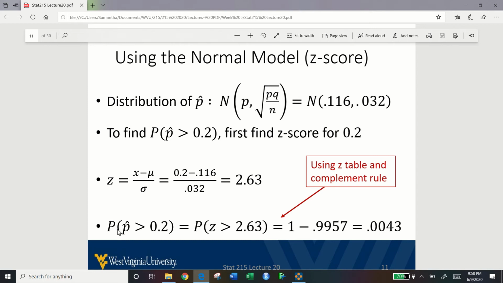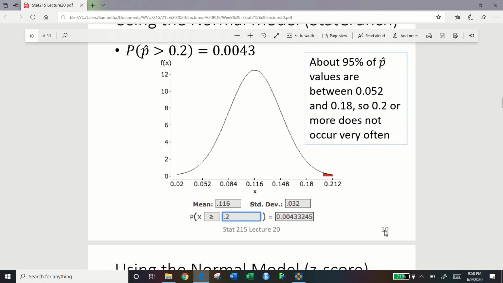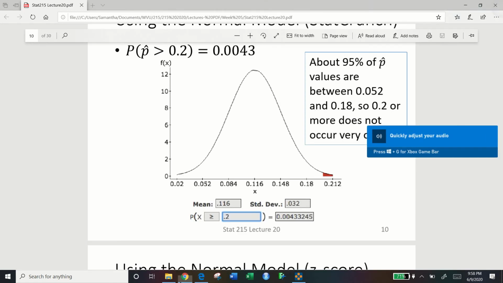So in this case, that would be 1 minus 0.9957, which would give us a probability of 0.0043. This is the same value that we were given using StatCrunch.